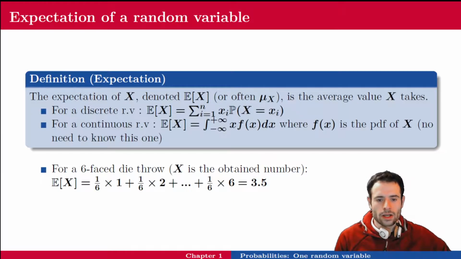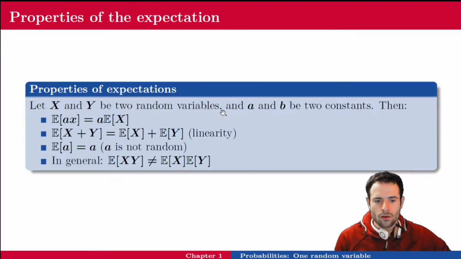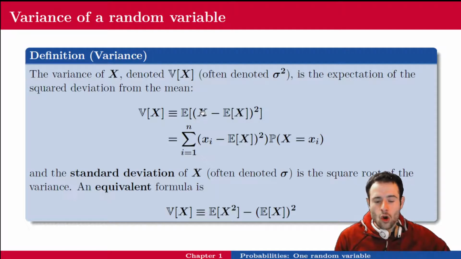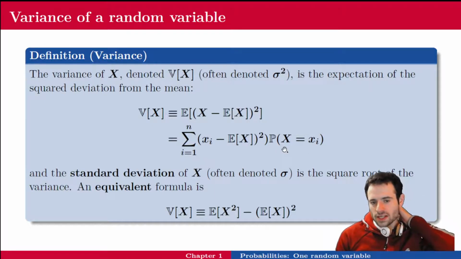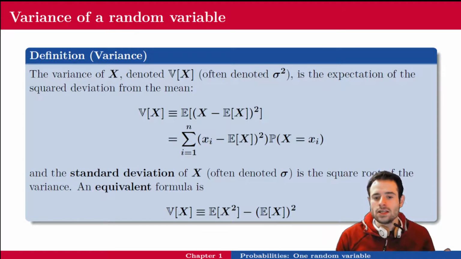So, if you look at it here we have just x, so that's why you have xi, all the possible values you can take. But now, since I don't have x alone anymore, I have this x minus expectation of x squared, then I need to replace by xi minus expectation of x squared. And the rest doesn't change. You will see that in practice, it's actually easier to compute, but I need to give you the formal definition.